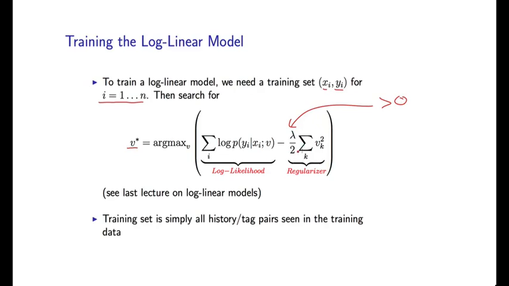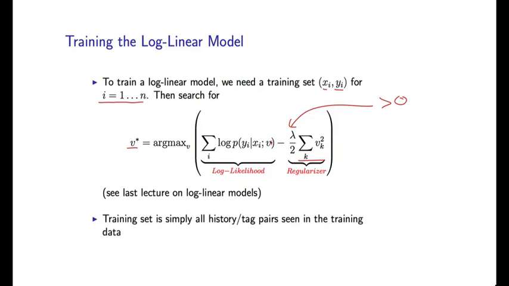What I have here is basically the length squared of my parameter vector v, or more directly, as written here, the sum of squared parameter values. So this regularizer is going to keep parameter values small, whereas the other term is going to encourage the parameter values to fit the training examples well.